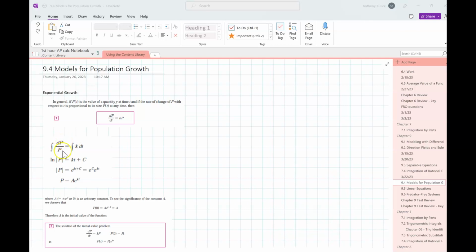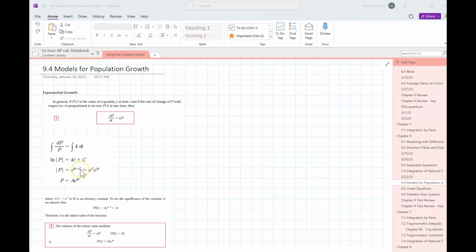The antiderivative of 1 over p is the logarithm of the absolute value of p, and the integral of k with respect to t is just kt, and we have plus our constant. I'm going to cancel out the natural log by raising e to both sides. And I remember that addition inside the exponent is multiplication of exponentials with the same base.